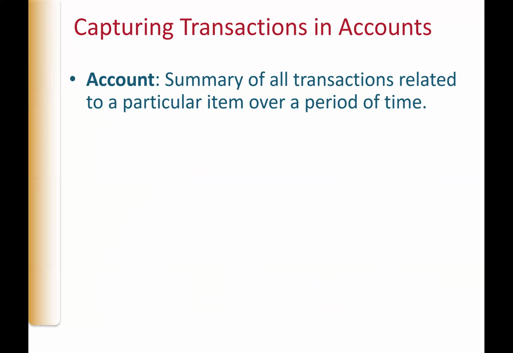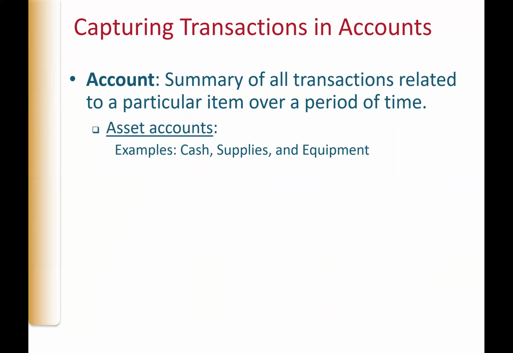Now, an account holds a list of all the transactions that are related to a particular item. So for example, a transaction such as everything involving cash increases and cash decreases will be put into the account called cash.